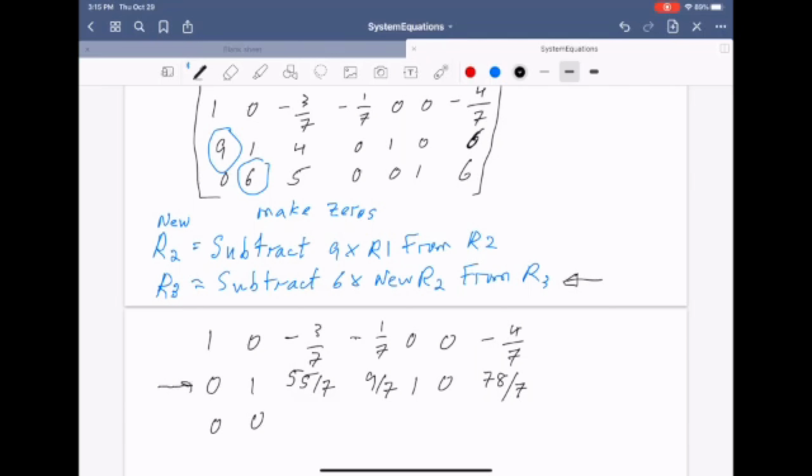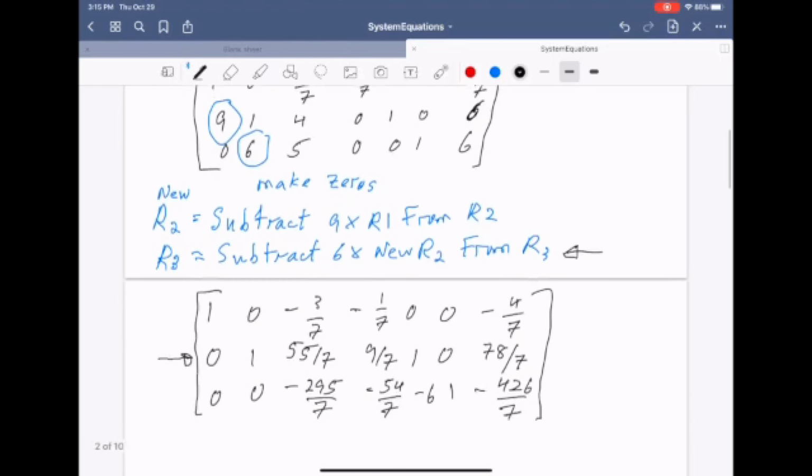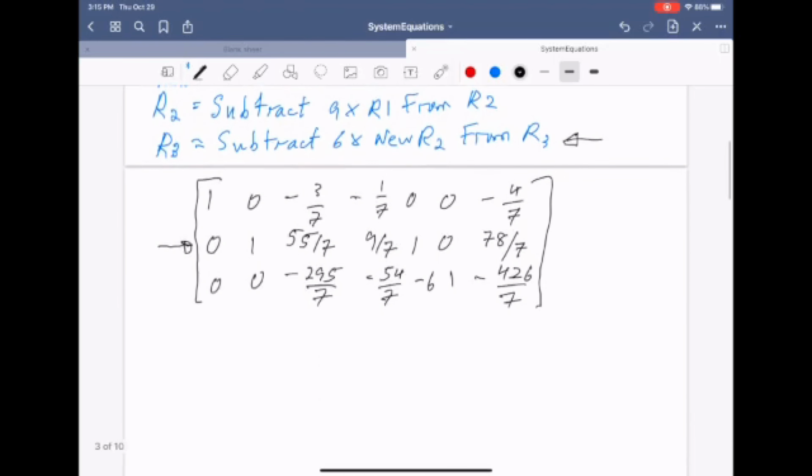This is our new R3, from our new R2, and we get minus 295/7, minus 54/7, minus 6, 1, and minus 426/7. So you can see we're getting a bit more complicated here in terms of this particular matrix.